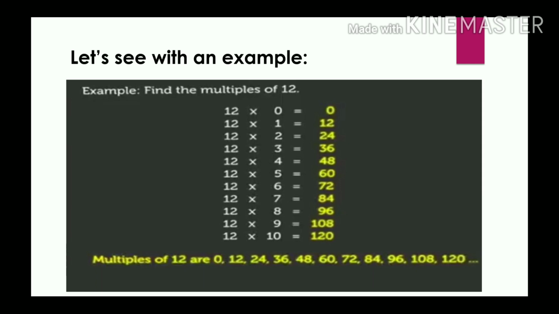So the multiples of 12 are 0, 12, 24, 36, 48, 60, 72, 84, 96, 108, 120, and so on. In simple words, multiples are the same as the tables which you all know already.